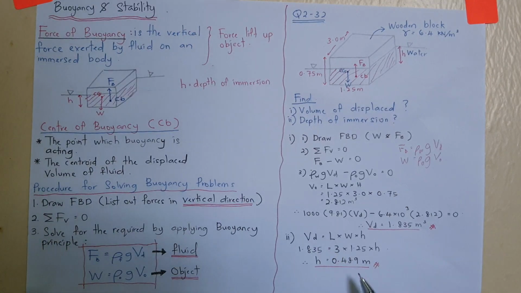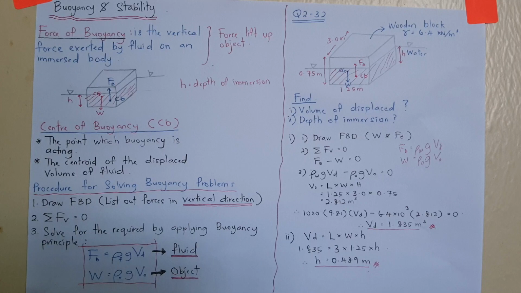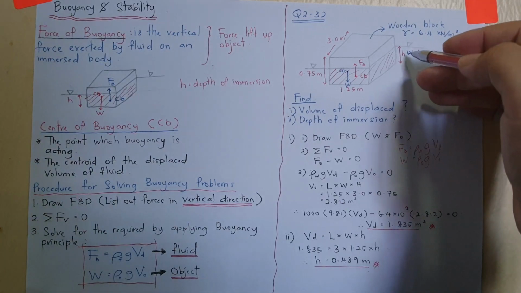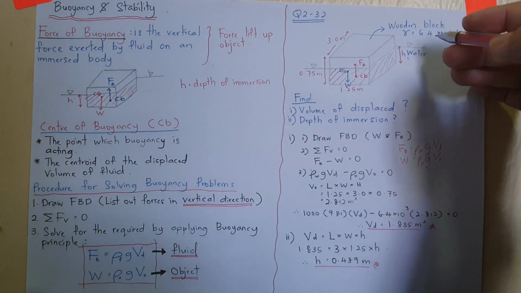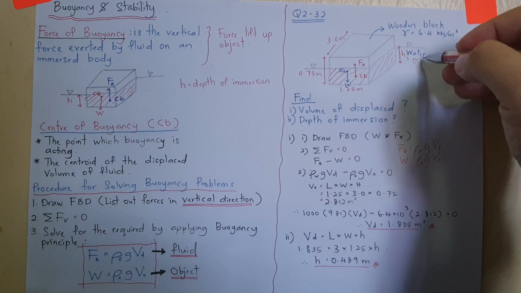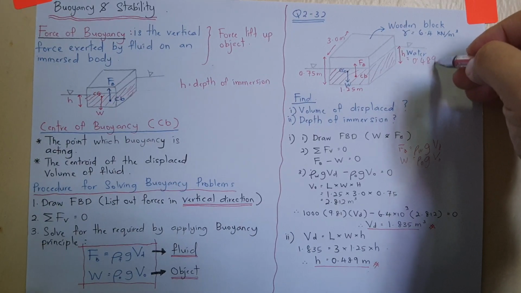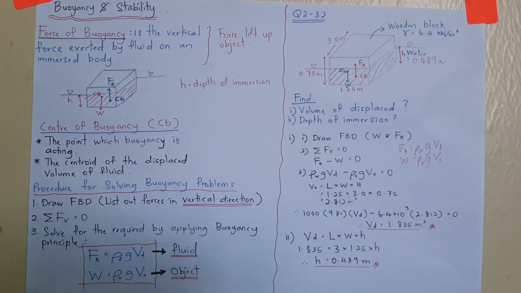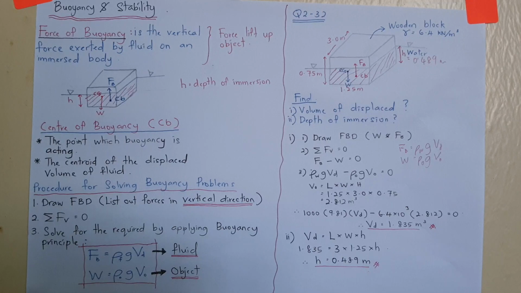So applying it, we get h equal to 0.485, which means the depth of immersion of the wooden block is 0.485 meter.